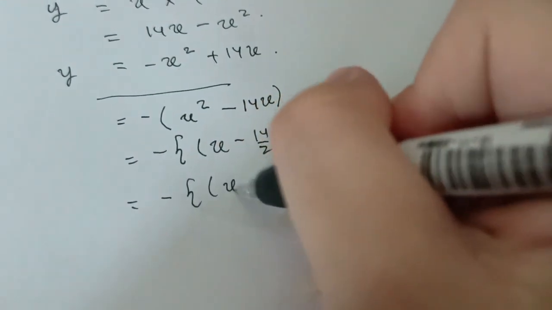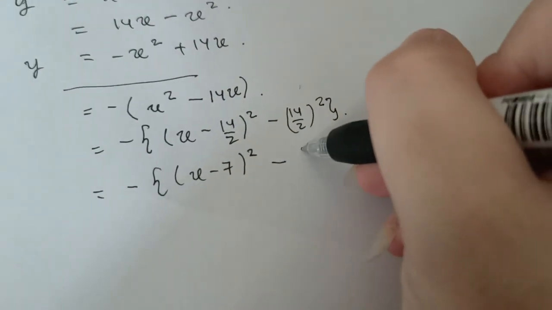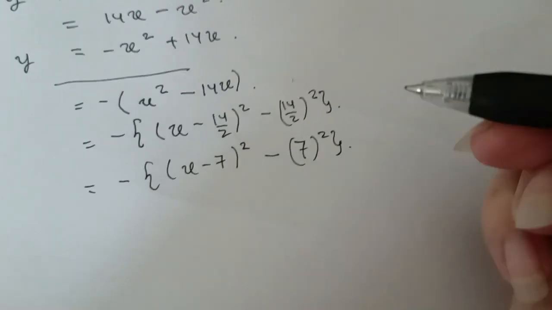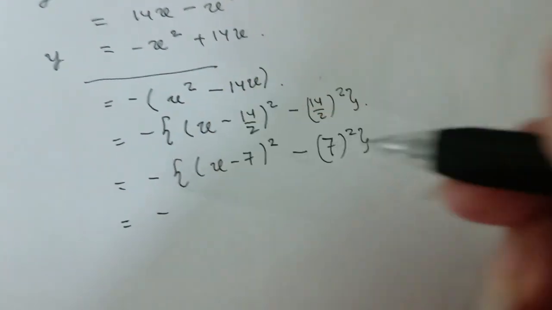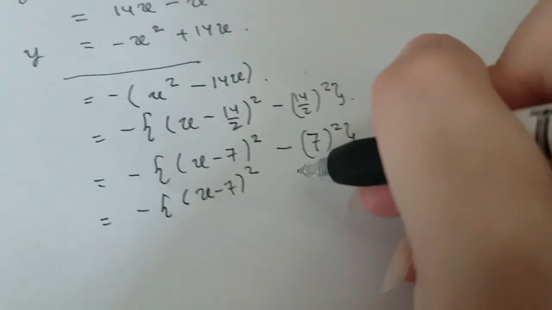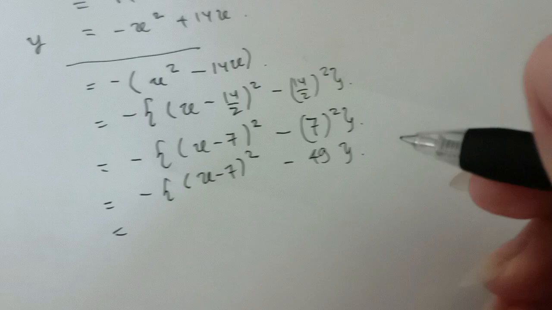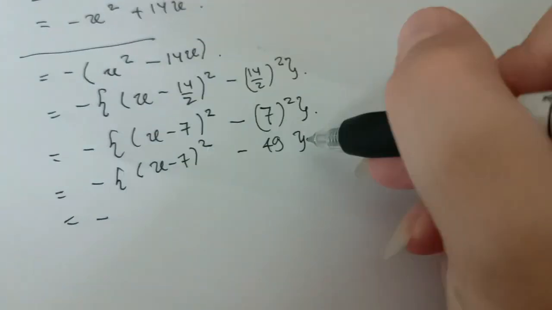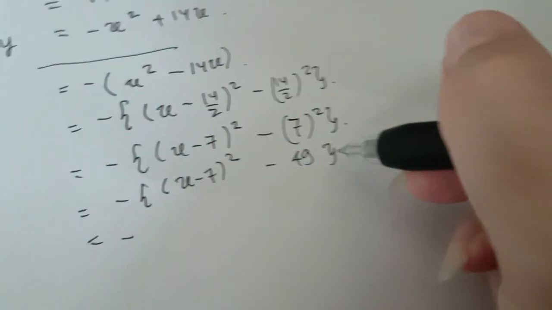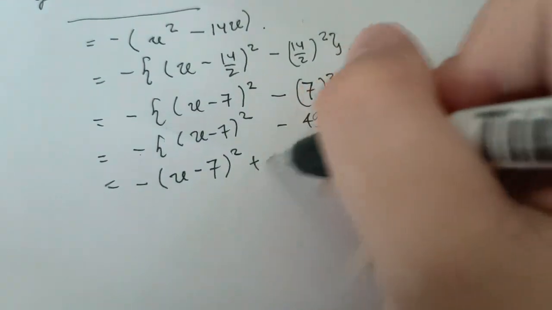In the bracket, x minus 7 squared minus 7 squared. In the bracket, x minus 7 squared minus 49. Now we open the bracket: minus x minus 7 squared, minus multiply minus is plus 49.